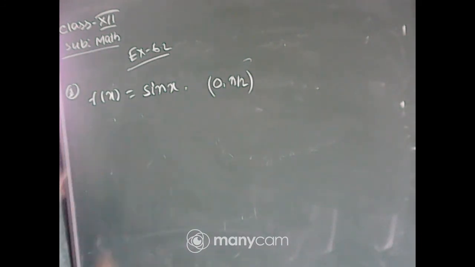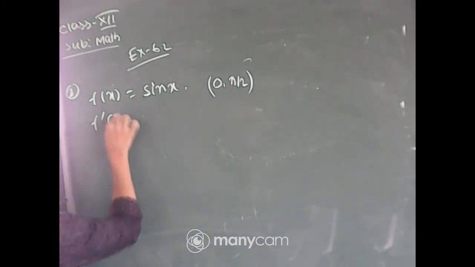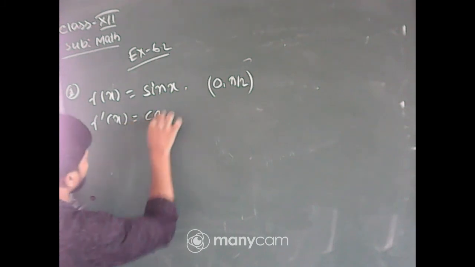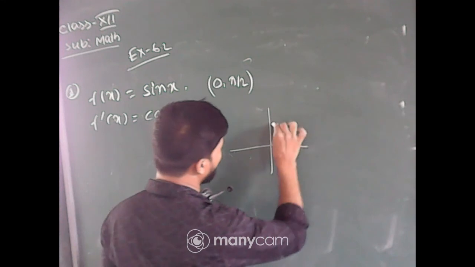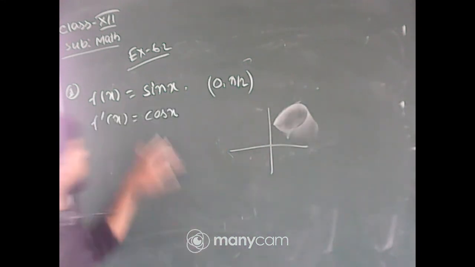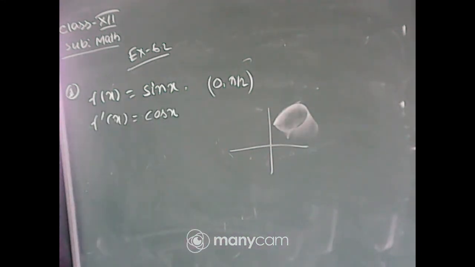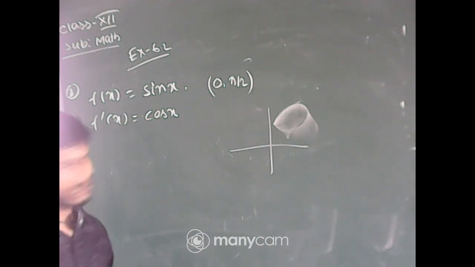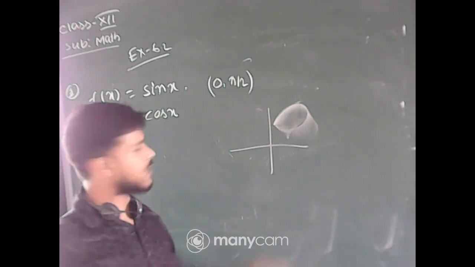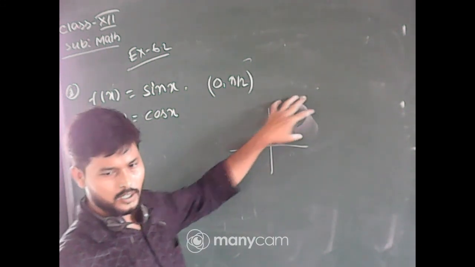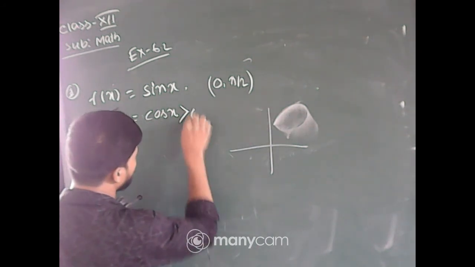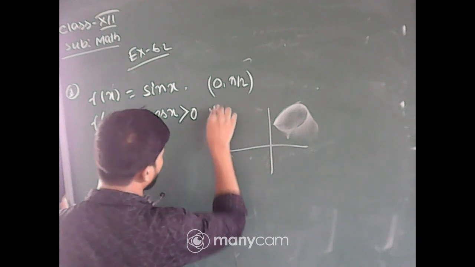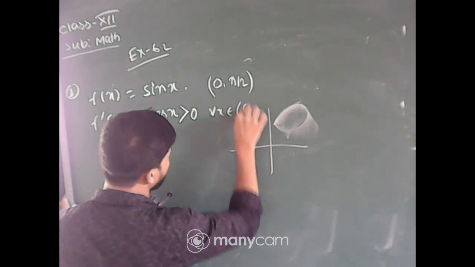Differentiate it: f dash x is equal to cos x. Now, on 0 to pi by 2, which means on the first quadrant, what is the value of cos x? Is it positive or negative? Every trigonometric function has a positive value on the first quadrant. So the value of cos x must be greater than 0 for all x belongs to this interval.